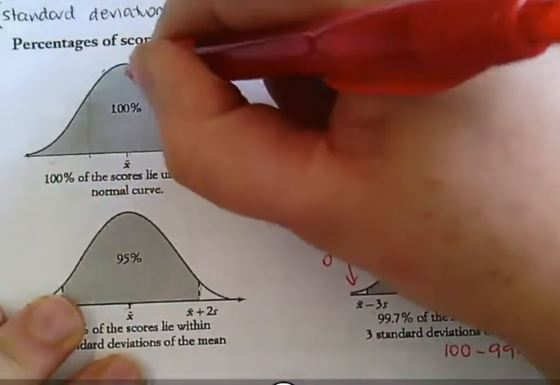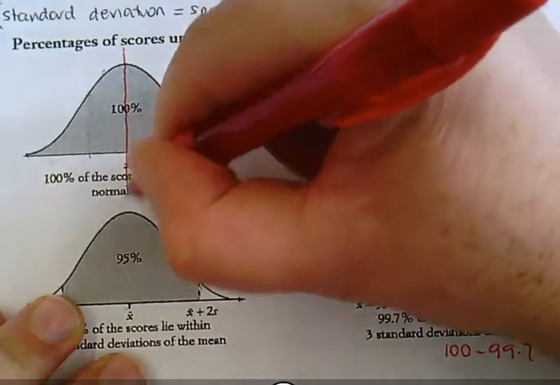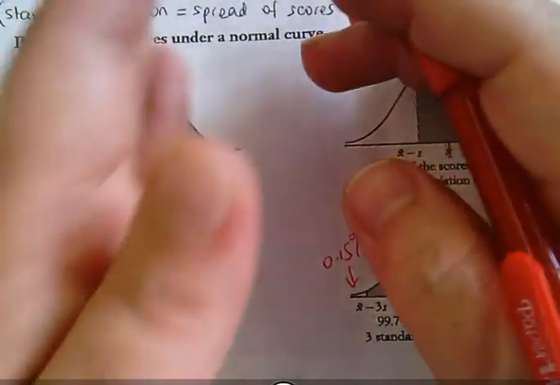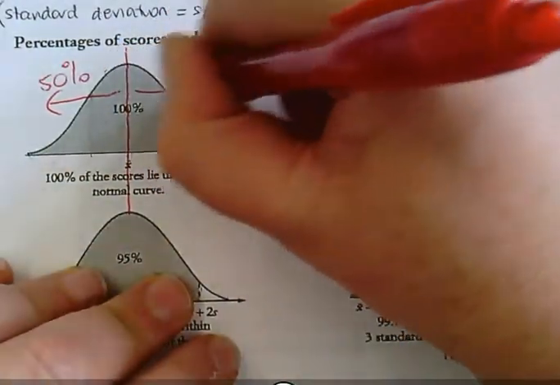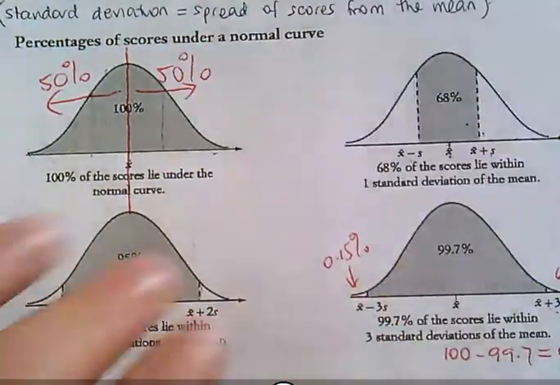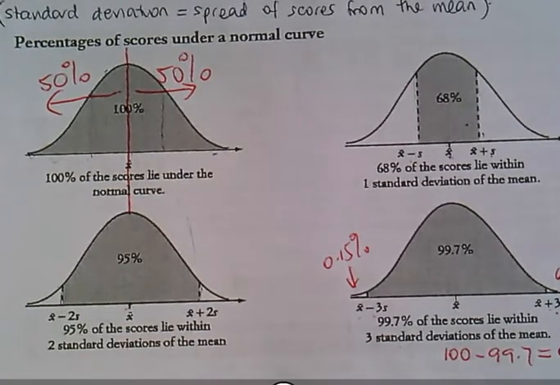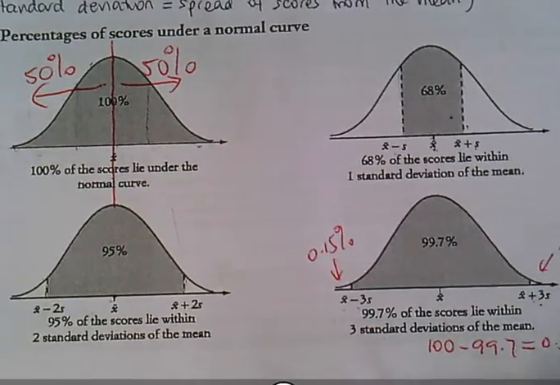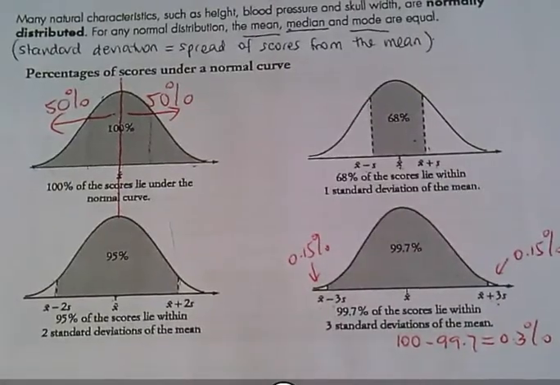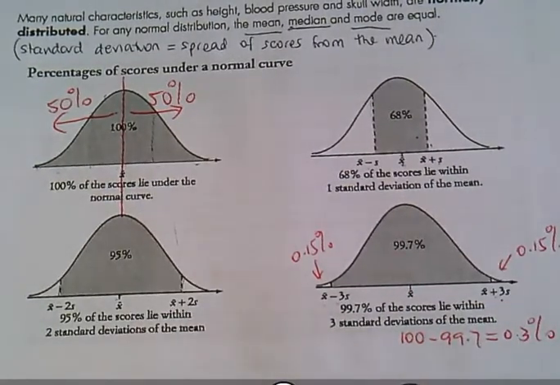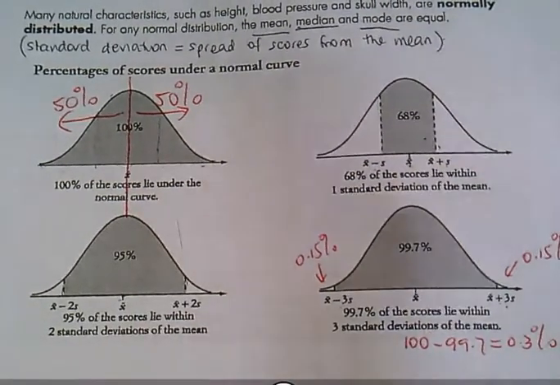If this represents 100%, if I put a line right down the middle, can't I say 50% of my scores are to the left and 50% of my scores lie to the right? Do you get that? Now that's really important. Don't think that 99.7% is everything. It's not telling you the whole story. There's still 0.3%, which is 0.15% on each side that we need to talk about. All right? Does everyone have that?